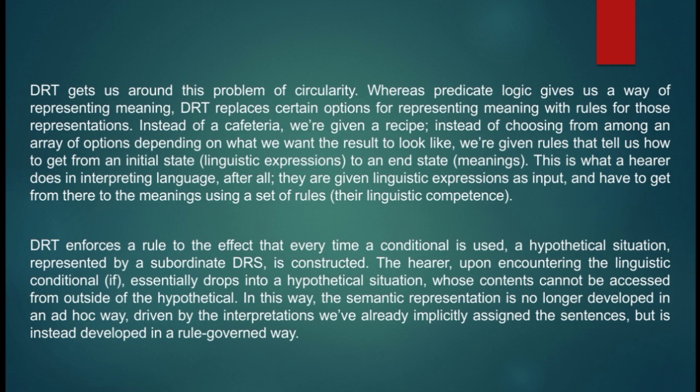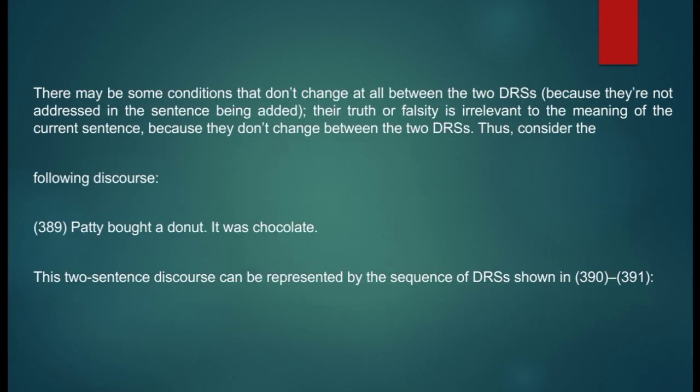In this way, the semantic representation is no longer developed in an ad hoc way, driven by the interpretations we've already implicitly assigned the sentences, but is instead developed in a rule-governed way. There may be some conditions that don't change at all between the two DRSs because they're not addressed in the sentence being added. So their truth or falsity is irrelevant to the meaning of the current sentence because they don't change between the two DRSs.